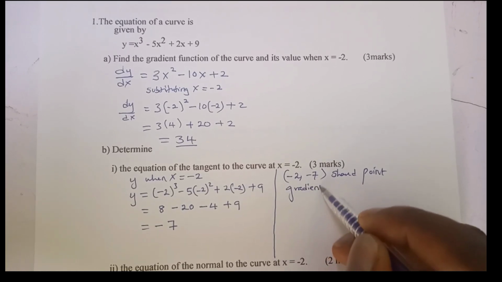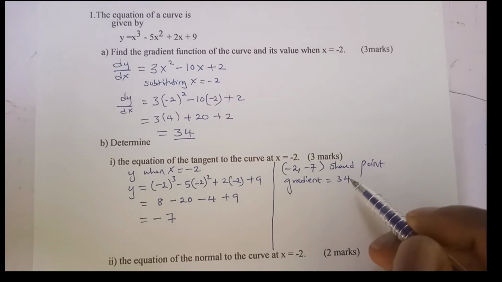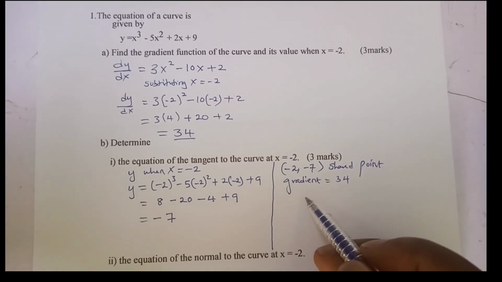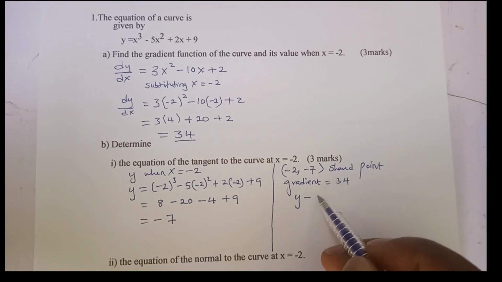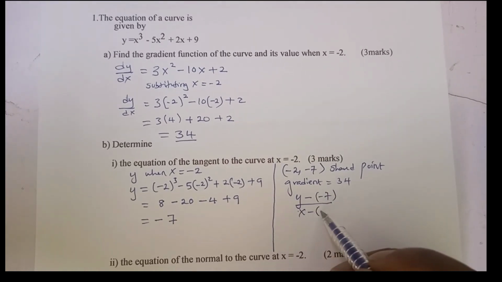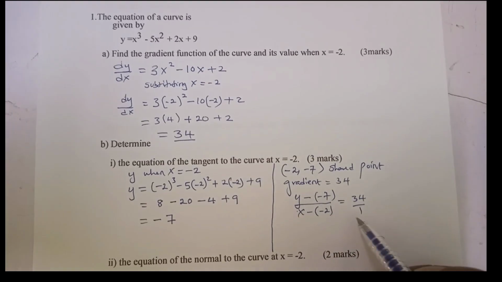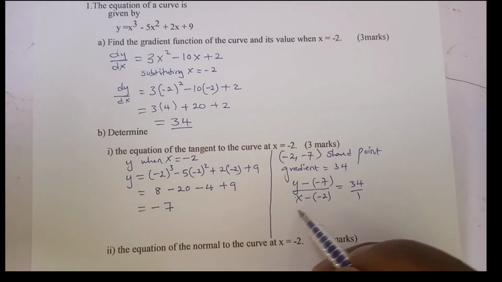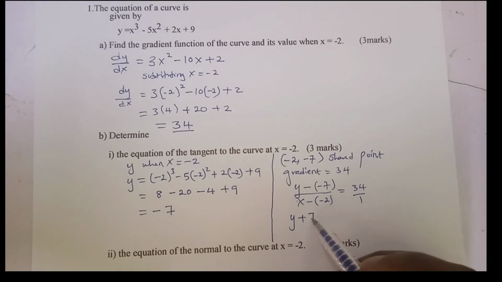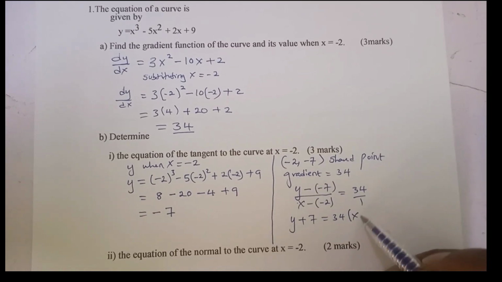So we are saying minus 2, minus 7 is the shared point, and the gradient is therefore 34. And we are going to apply dy/dx is equal to m. So y minus minus 7 divided by x minus minus 2 is equal to 34 over 1. So we cross multiply and get y plus 7 is equal to 34 into x plus 2.